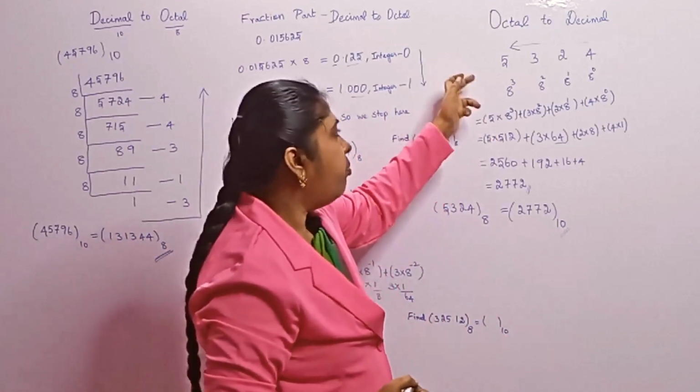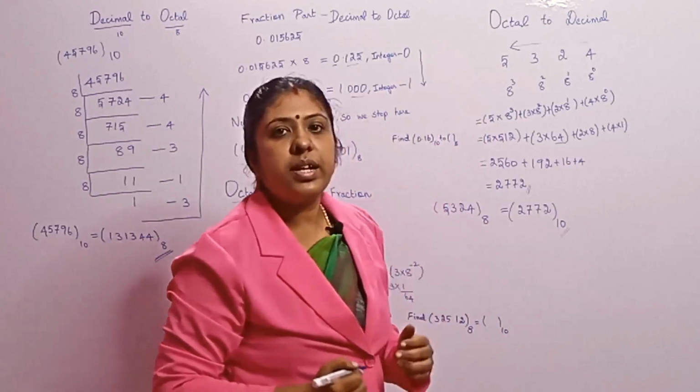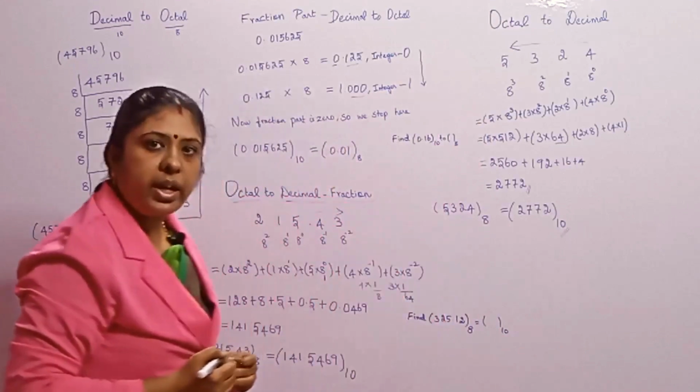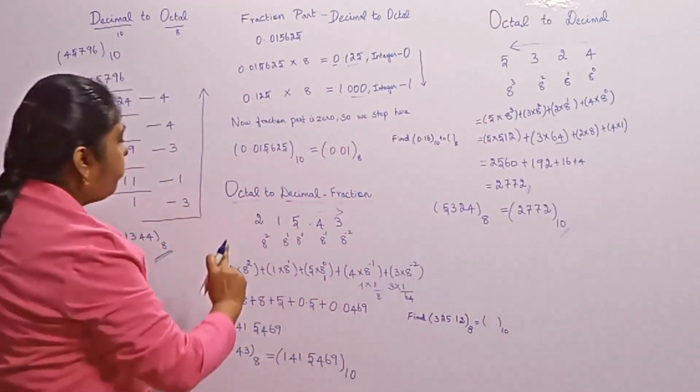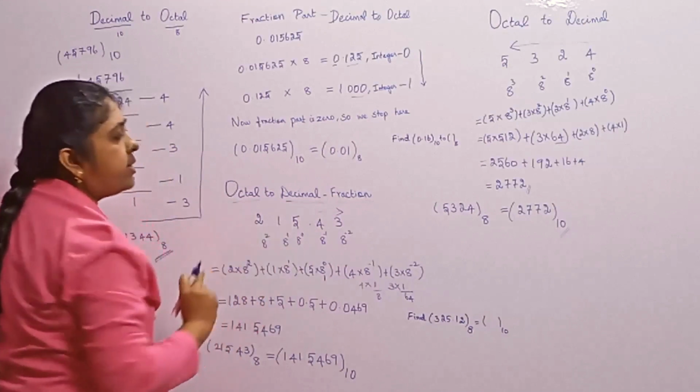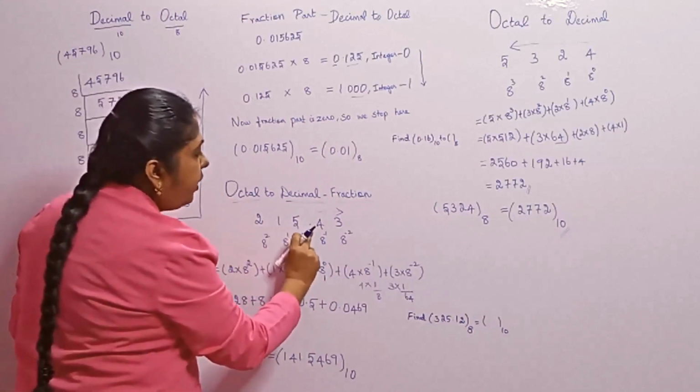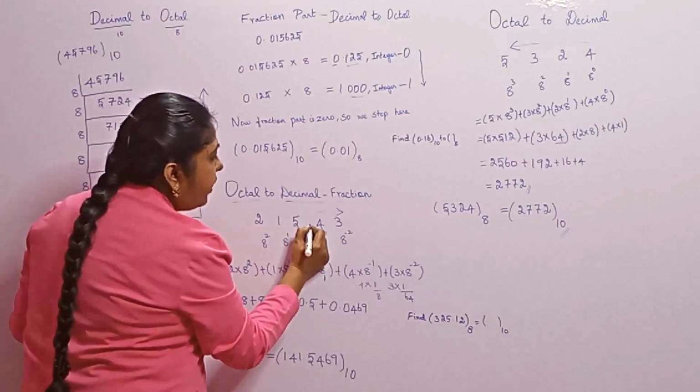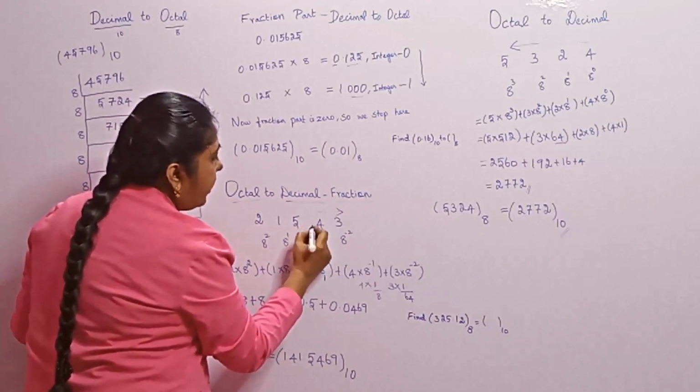Now, if we have an octal to decimal conversion with a fractional value, how can we convert? Consider this example, 215.43. This point can be noted as the octal point.